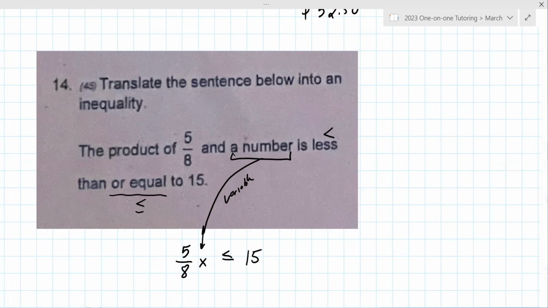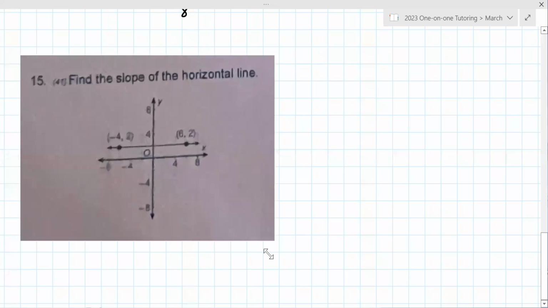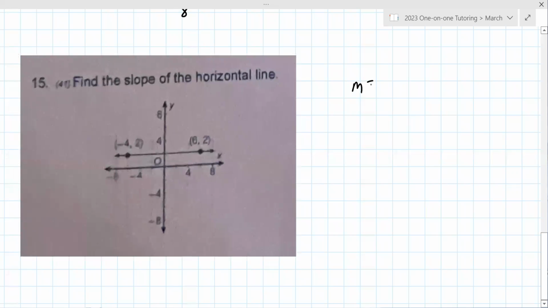All right, so for number 15, a couple of ways to do this one. First is to use the slope formula, which we will do. Then we'll talk about the result here, y2 minus y1 over x2 minus x1. Could you do that for us and tell me what you come up with?